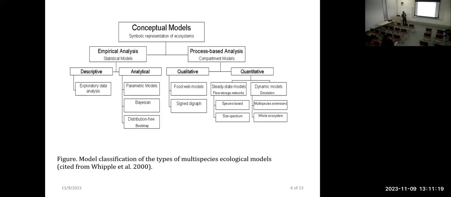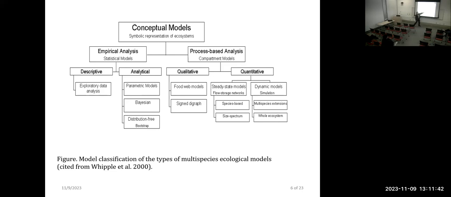So we start with the model. This is the type of model we often use in fisheries, and in ecology in general. It would be both a statistical model and a compartment model, or process-based model. For an empirical, statistical model, you have data and you use a statistical approach to try to find a relation.